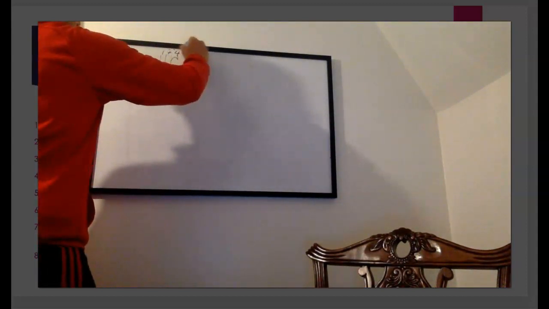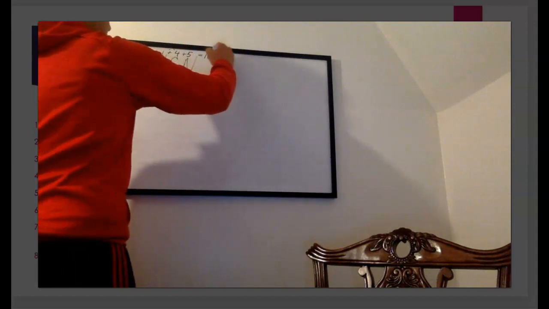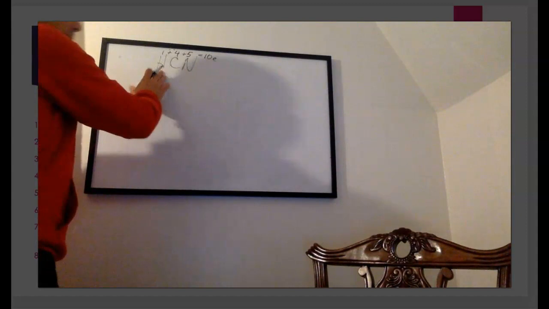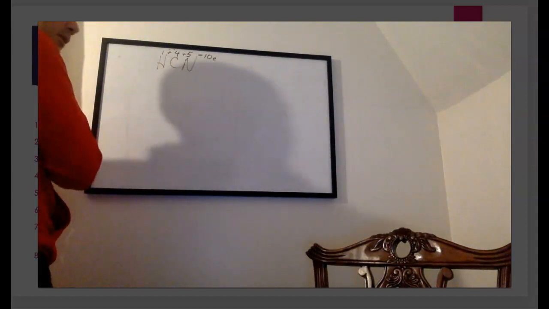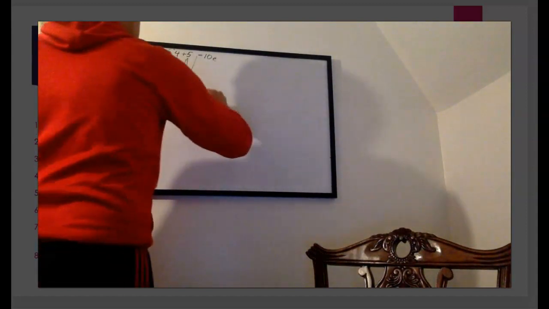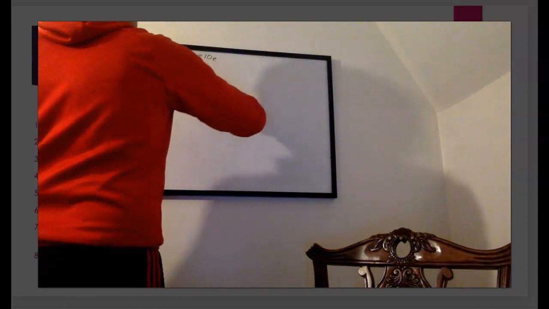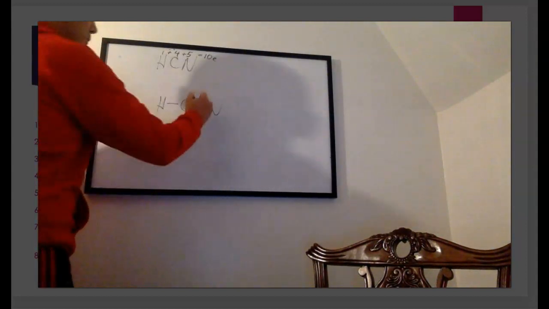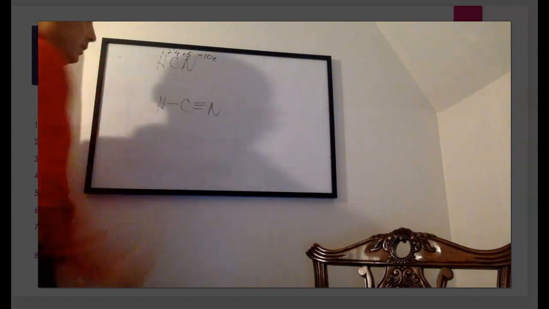Carbon has 4, nitrogen has 5, so that's a total of 10 valence electrons. Looking at the periodic table, I know that carbon has the lowest electronegativity of these. Again, hydrogen can't be in the middle, so just don't even consider that. So it's got to be carbon. We're going to put hydrogen and nitrogen just like the formula kind of shows. The outer elements get what they want. Hydrogen only ever wants 1 bond. Nitrogen wants 3, so we're going to give it 3.